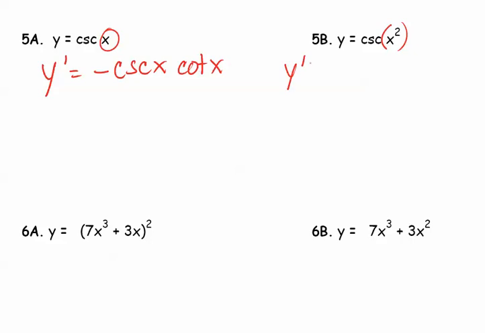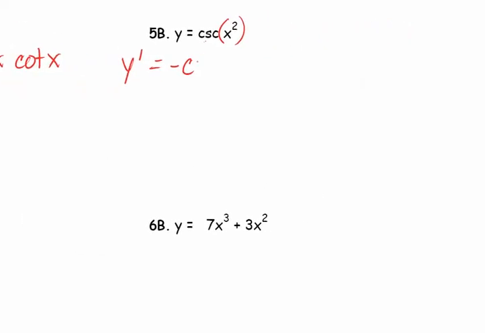And for 5b, think about your order here. So we do the outer function is cosecant. So we'll do negative cosecant. Let me just scroll here. Negative cosecant of the same glob, cotangent of the same glob. And then we do our chain rule on that glob.